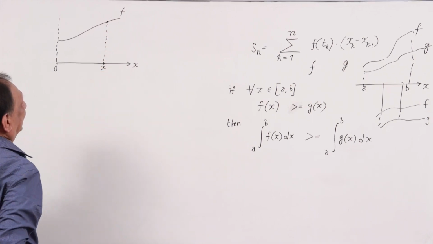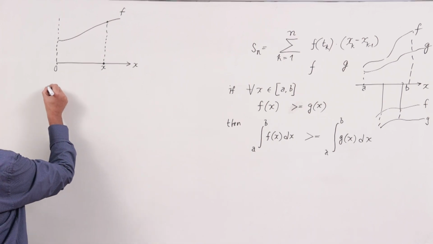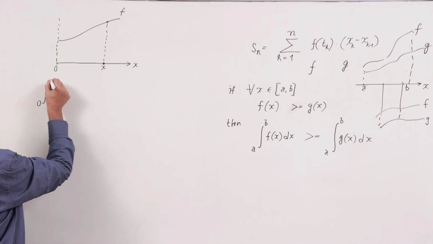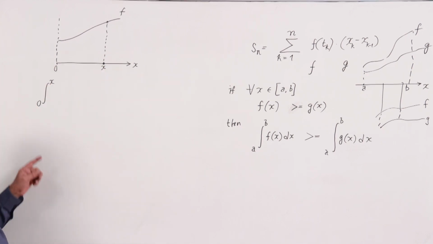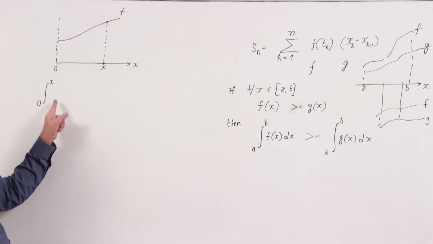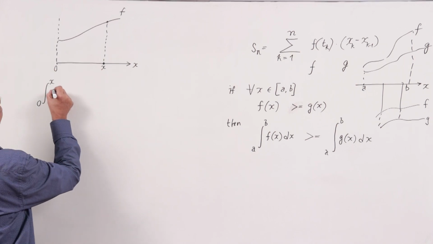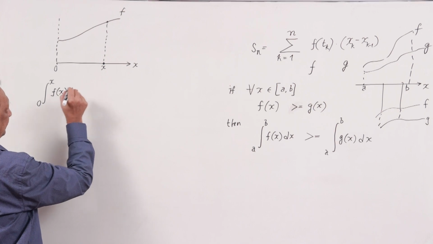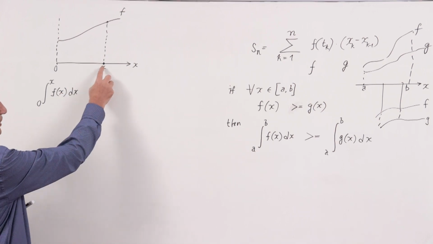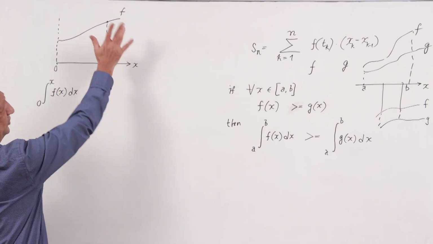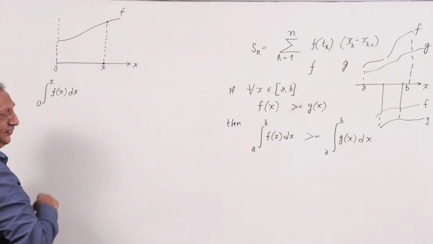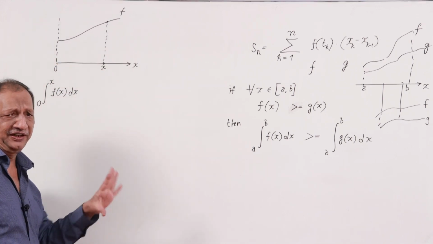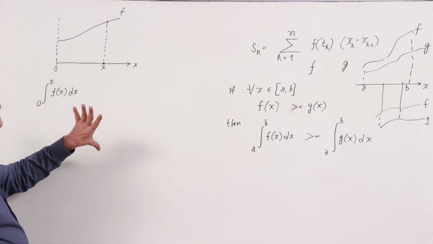That means I am trying to find a definite integral from 0 to x of f(x) dx. This will be a function of x, of course. If x increases, this will also increase. If x decreases, this will also decrease. Of course, if it is below the x-axis, the negative value will increase or decrease accordingly. The same thing holds good.